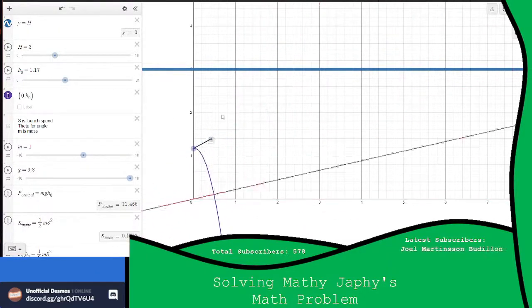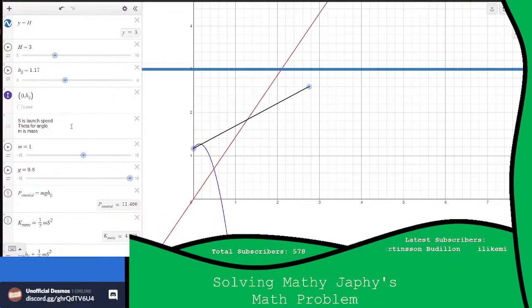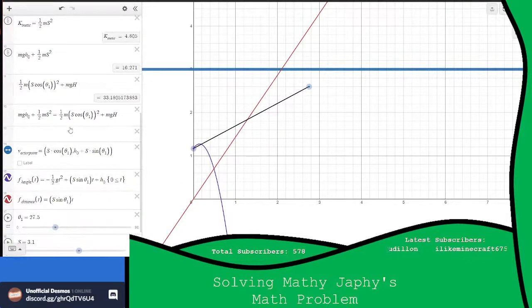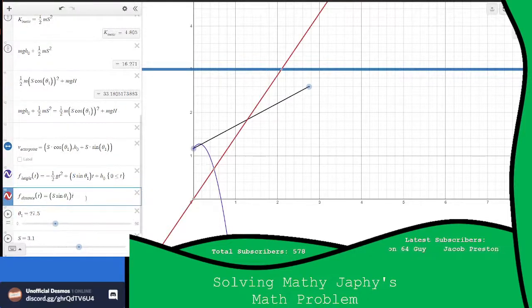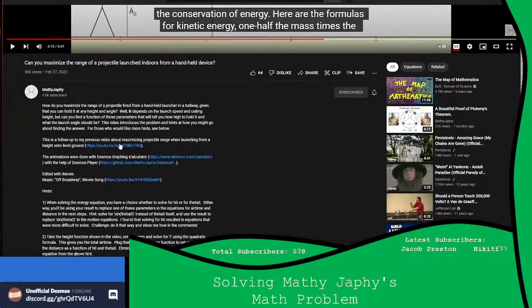It shouldn't be increasing the launch angle. So, S is wrong here. This thing is wrong. There's a missing cosine somewhere. Wait a second. What? Okay.